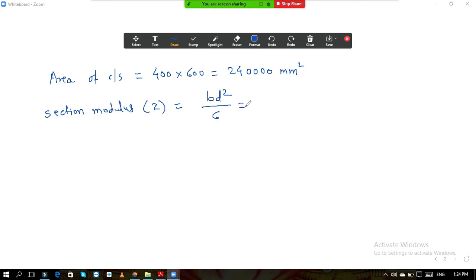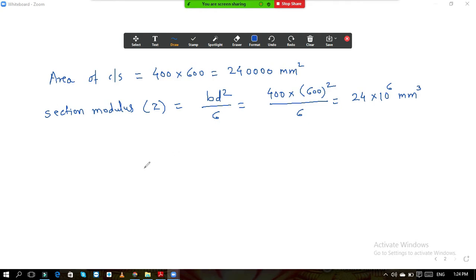Your B is 400 into D square, that is 600 square, divided by 6. So it comes out to be 24 into 10 raised to 6 mm cube. So this is our section modulus.